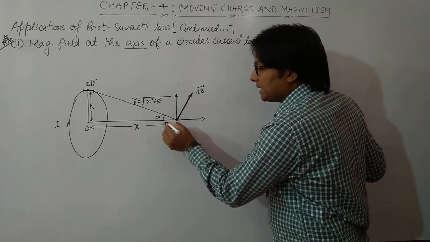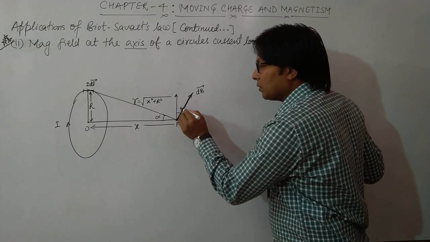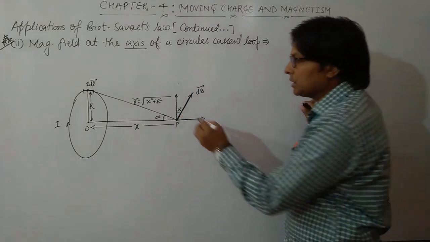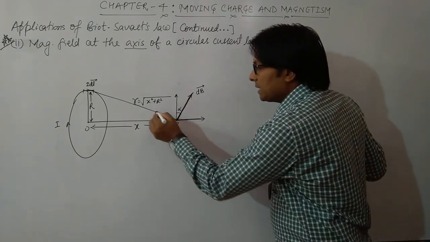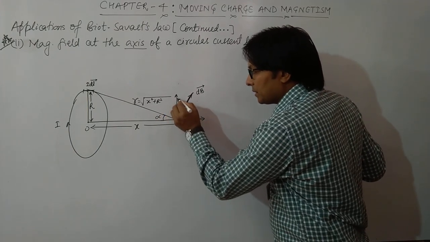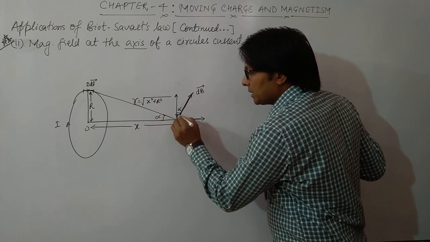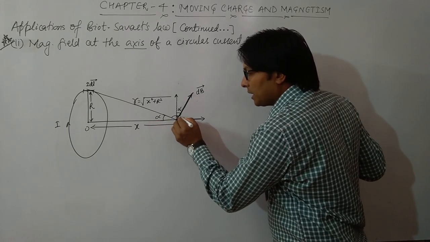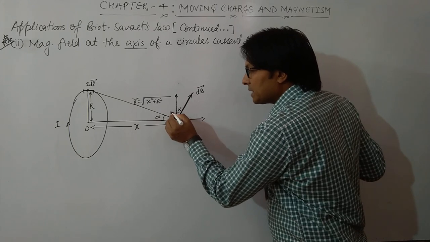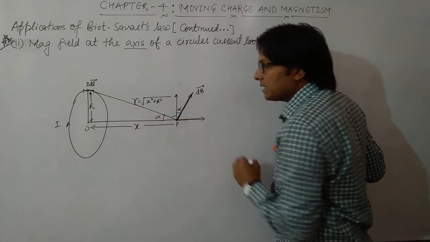If this angle is alpha, then by symmetry you can see this angle will also be alpha, because this angle is 90 degrees and we have drawn this perpendicular to this line. So this angle will be 90 minus alpha, and if this is 90 minus alpha and this is 90, then the remaining angle is alpha.